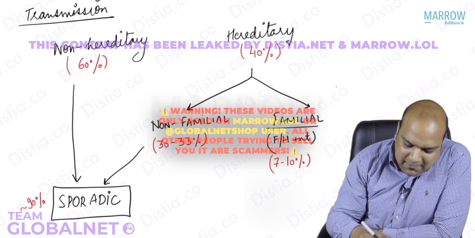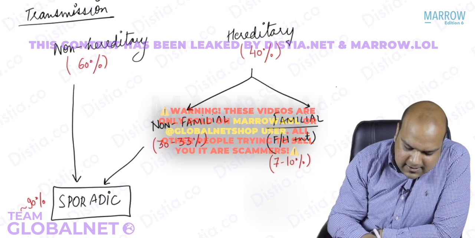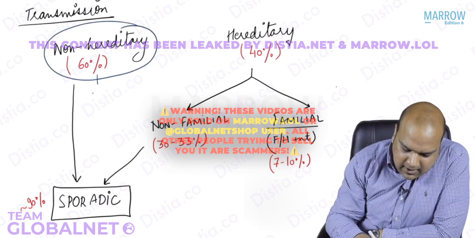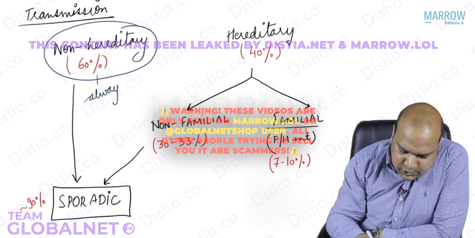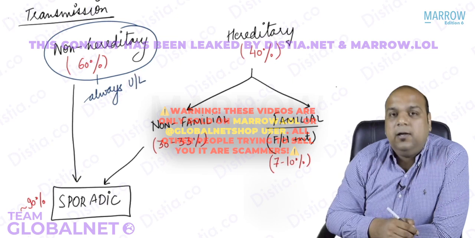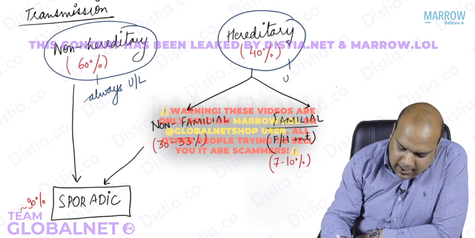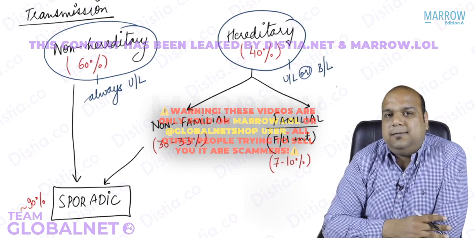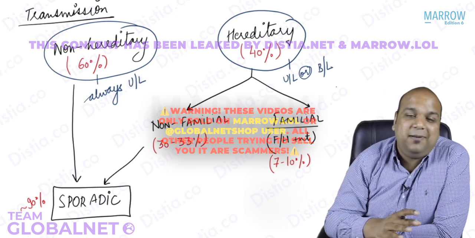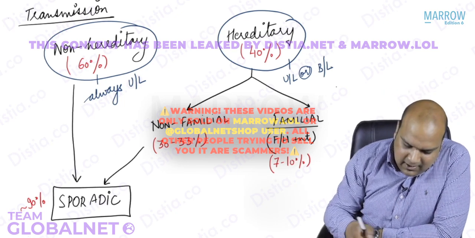Yes? Now, please remember, non-hereditary cases are always unilateral in retinoblastoma, whereas hereditary cases can be unilateral or bilateral. Am I making sense? Very simple, clear everybody? Yes? Now we understand this.